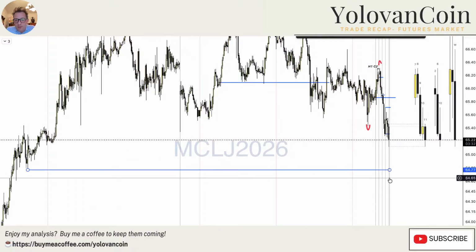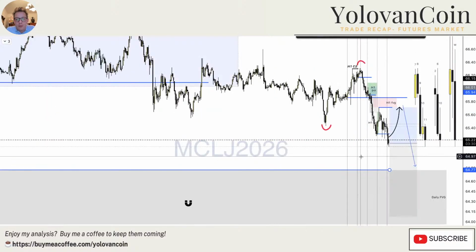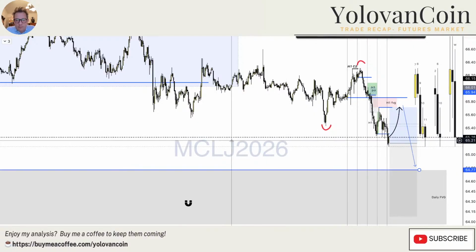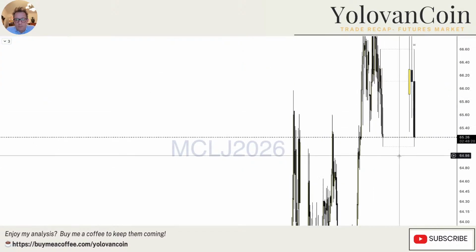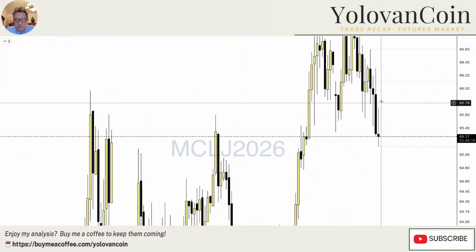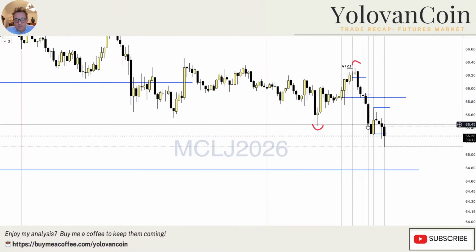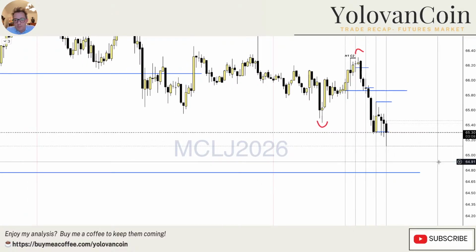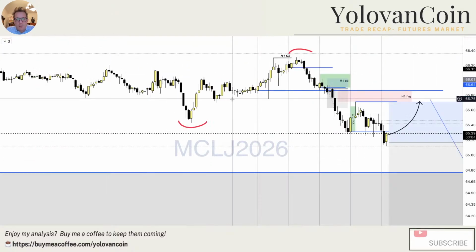On the M15, let me go to M5. Yeah, top of the fair value gap. Yeah. 3 more minutes, yeah. I don't want to mix the time frames now.